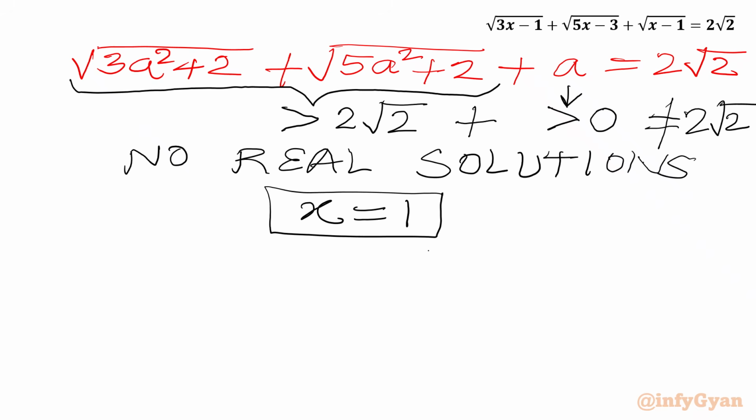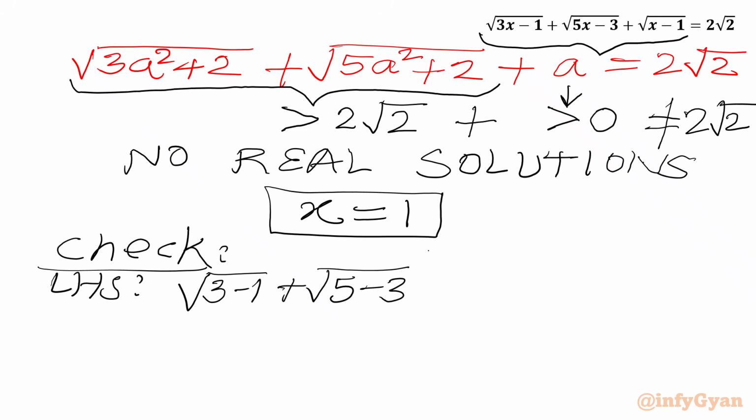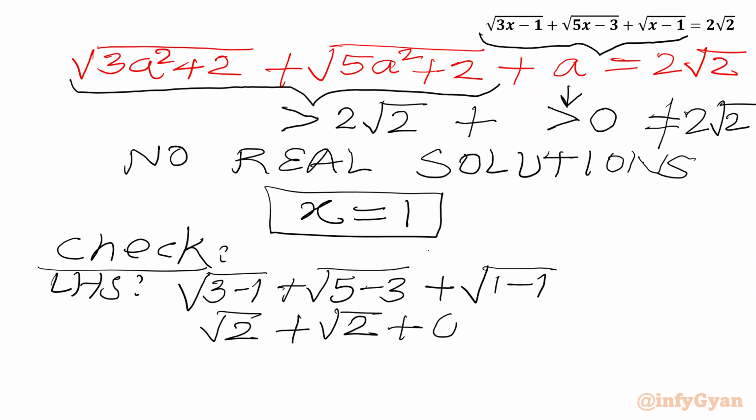Now we are going to check or verify. So we have the LHS, it is written over here. We will begin with the left hand side. We will write square root of 3 times 1, which is 3, so square root 3 minus 1, plus 5 times 1, which is 5, so square root 5 minus 3, plus square root 1 minus 1, square root 2 plus square root 2 plus 0 will be equal to 2 root 2.